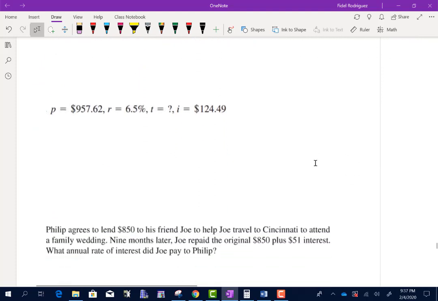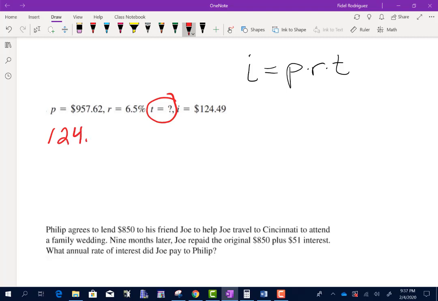So again, we got another one, very similar, okay? All right, first thing I'm gonna do again, write down my formula. Okay, so let's see, what do we have and what are we missing? We're missing the T. Okay. So where the I used to be, we're gonna write 124.49.